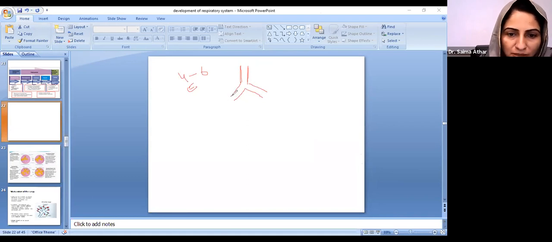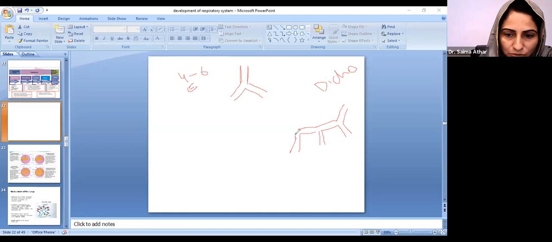After the embryonic period, there is rapid growth of the bronchopulmonary segments by dichotomous fashion, D-I-C-H-O-T-O-M-O-U-S. Dichotomous fashion means one structure divides into two, this structure again divides into two, and again into two.